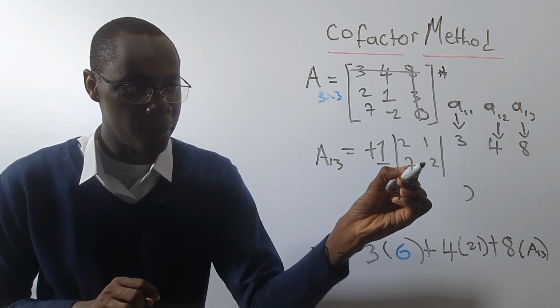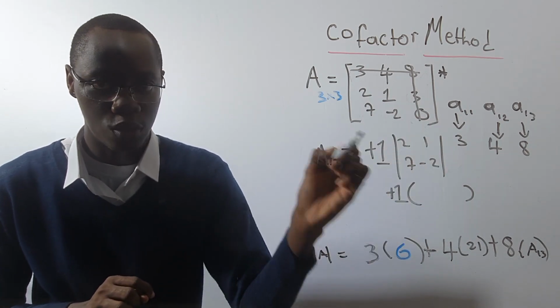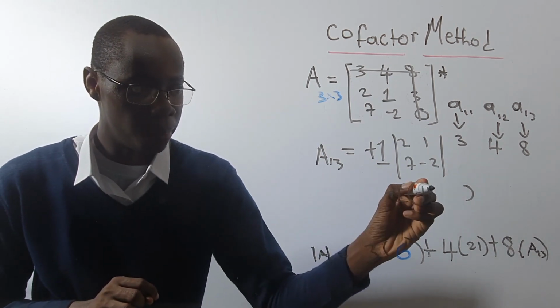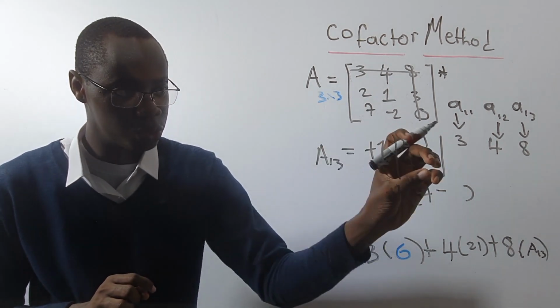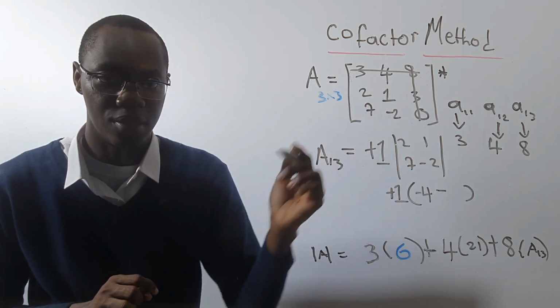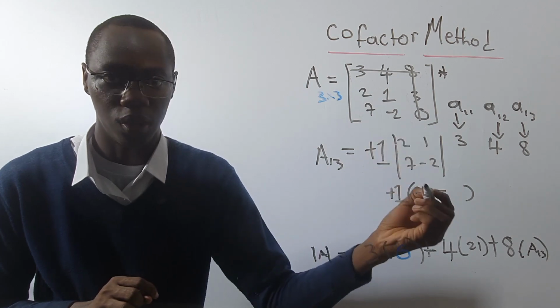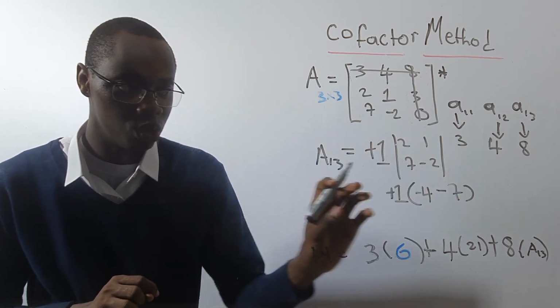So that will be minus 2 times 2, what is that? Minus 4. Minus, when you subtract, when you multiply this by this, all you need to do is subtract from this times this. So 7 times 1, that will be 7. Very simple procedure.